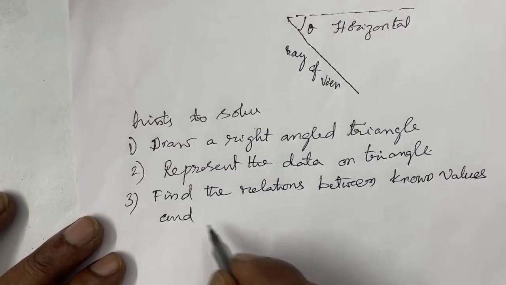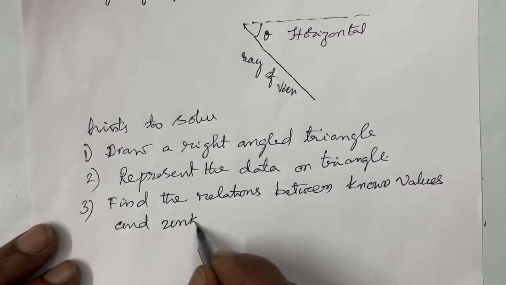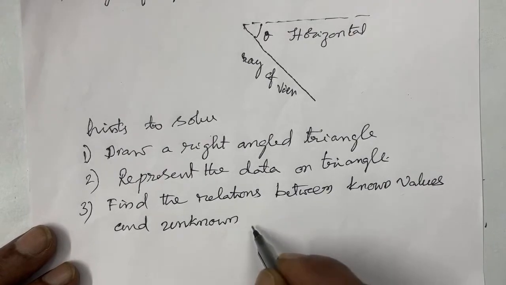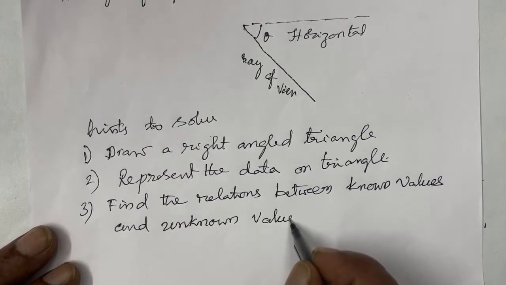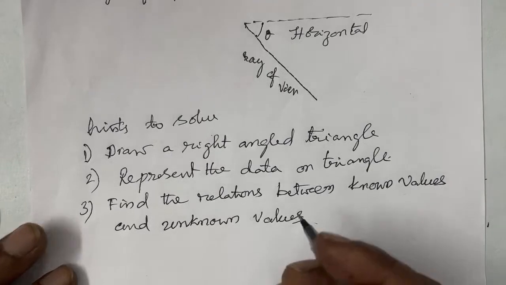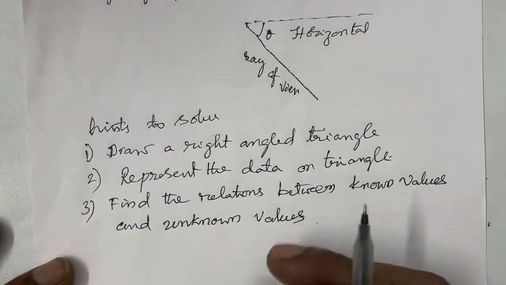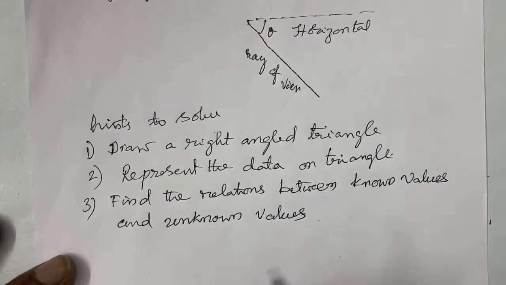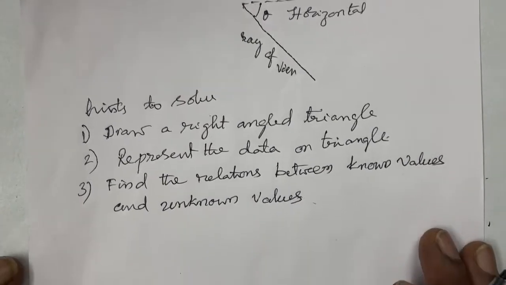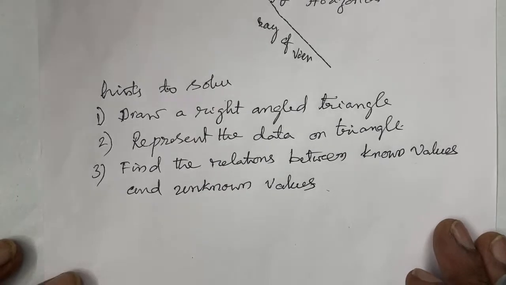This is actually how to use the known values to get the unknown values. That is called the relation here. Relation means you take advantage of the known values and find out the unknown values.